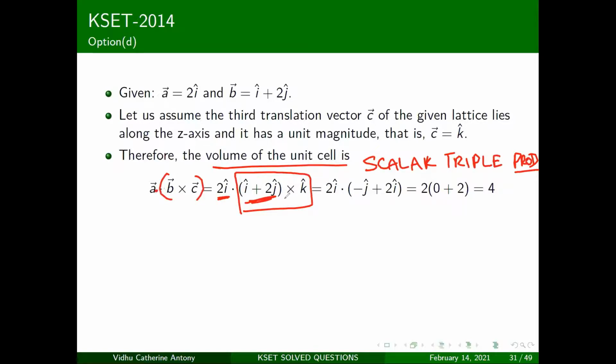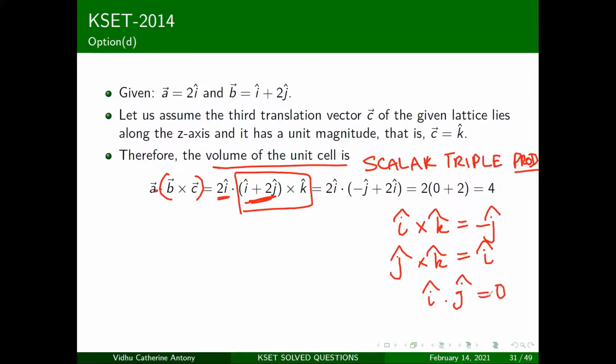So you do this part first, and then this part. i cap crossed with k cap is basically minus j cap, and j cap crossed with k cap is basically i cap. So here you have a minus j cap and you have a 2 associated with this i cap, so you have a 2 i cap there. And then once you do i dot, let's say j, you get a 0.